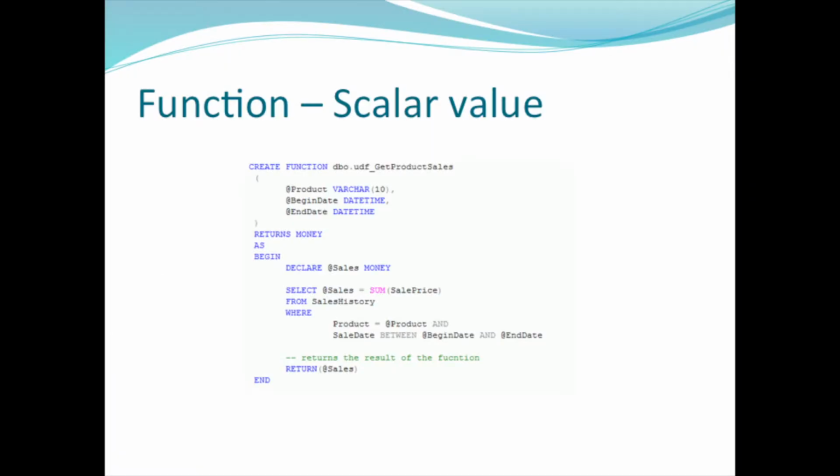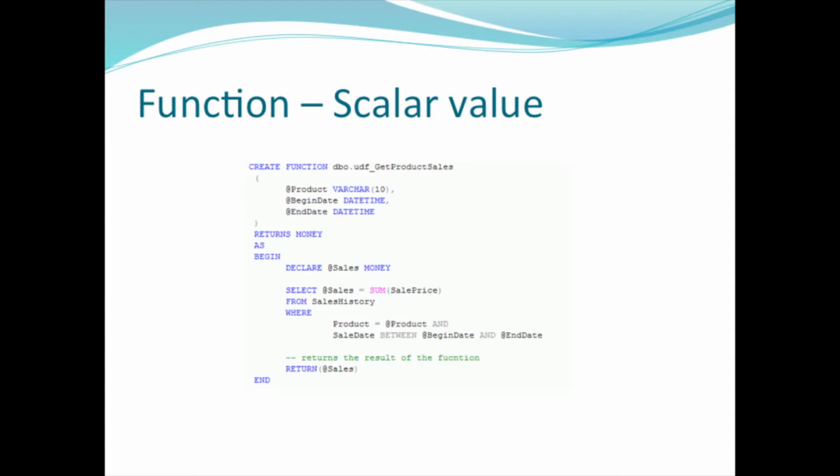Now the functions, like I said, they look similar. Again, you can pass information in and use that information coming in, or you can go out and grab information that's already in the database. But what's different about a function is you actually physically have to return some type of value. In this case, it's returning a data type of money.